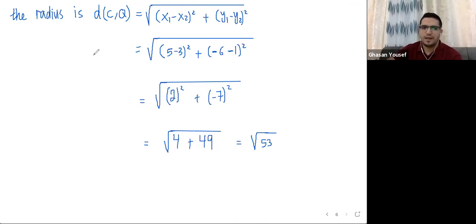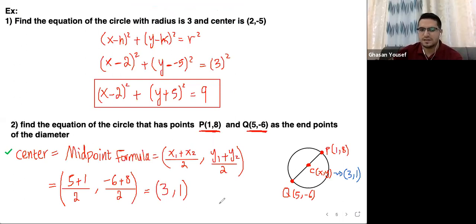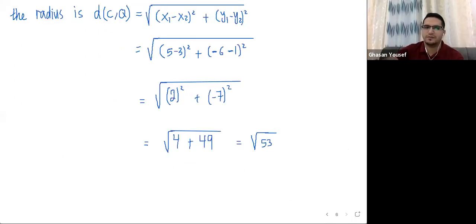Now I get the radius is the square root of 53, and also I get the center is 3 and 1. Now I can get the equation of the circle. What's the equation of the circle? Now go back to the question.